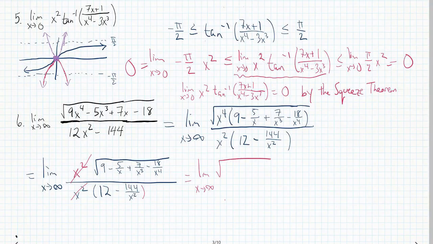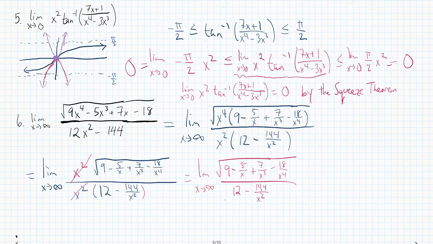This is the square root of 9 minus 5 over x plus 7 over x cubed minus 18 over x to the 4th. And then all that is over just 12 minus 144 over x squared. Now, any time we have an x in the denominator and just a constant in the numerator, there's a theorem in your book, or a fact, or whatever you want to call it, that states that that's going to 0.